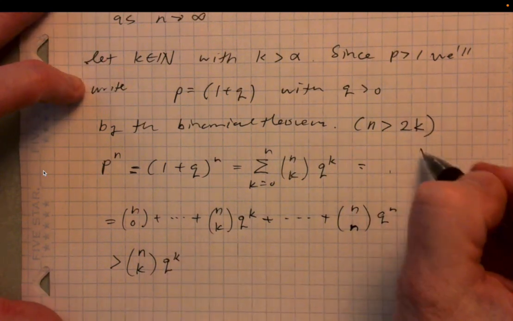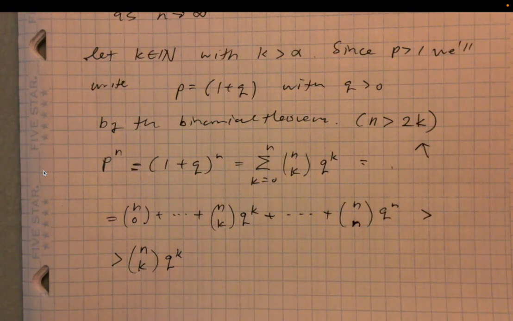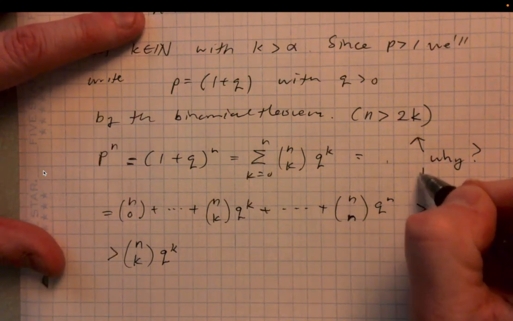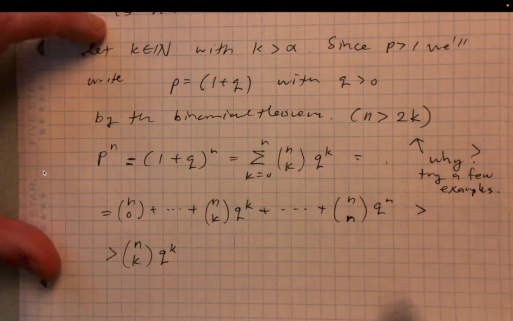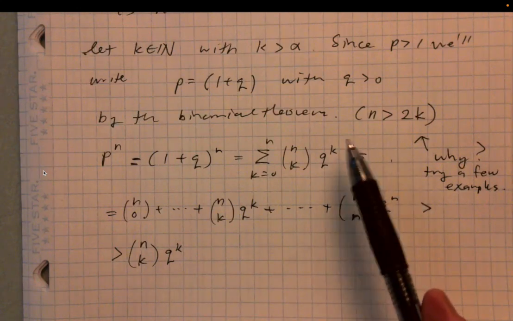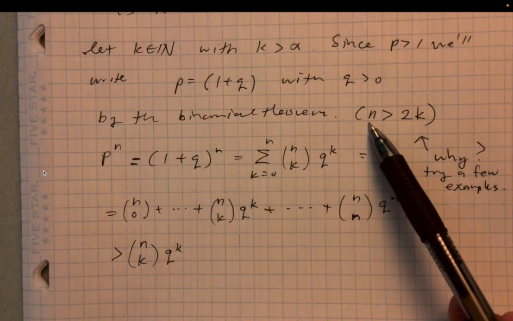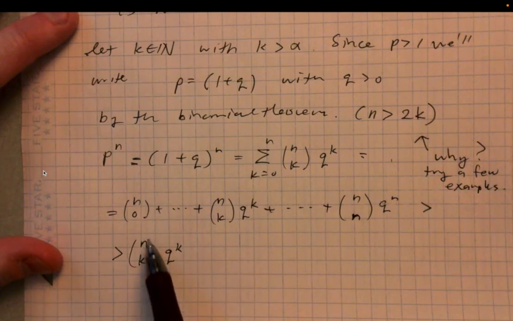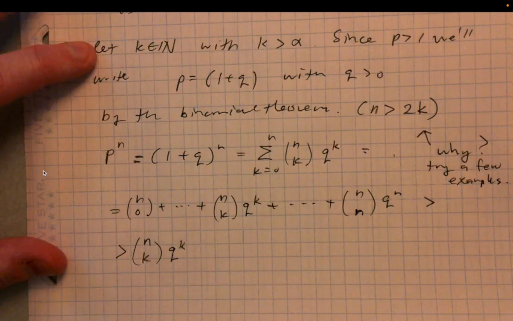Now I'm going to leave that to you to look into, and I think if you just try a few examples, you can see why that works. You can imagine that could be the case, right? That for certain sequences, specifically where n is greater than 2k, then n choose k, q to the k is less than the entirety of the sum.